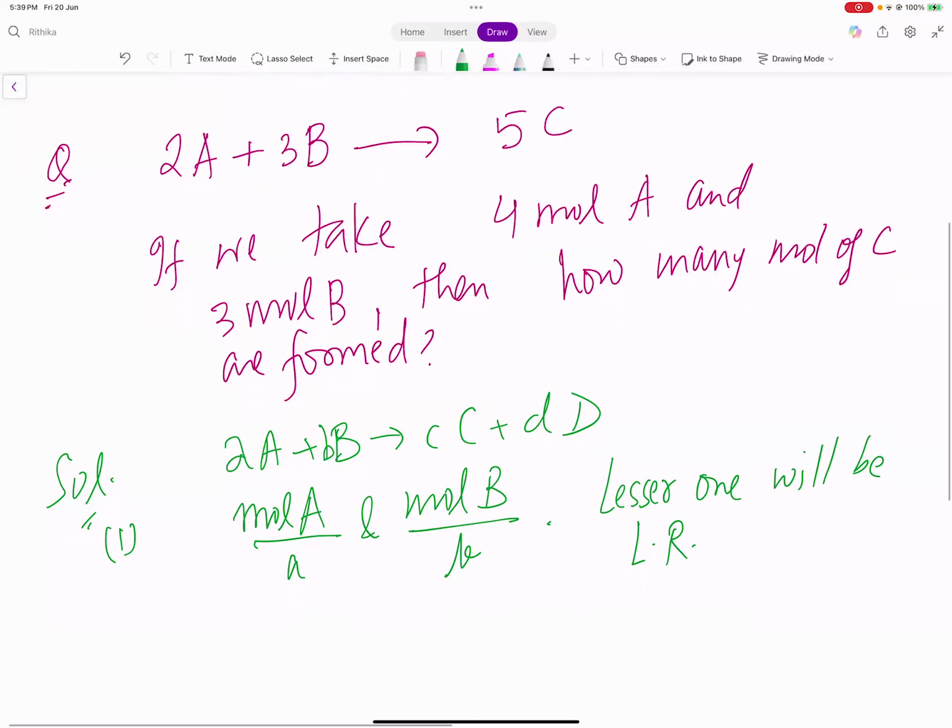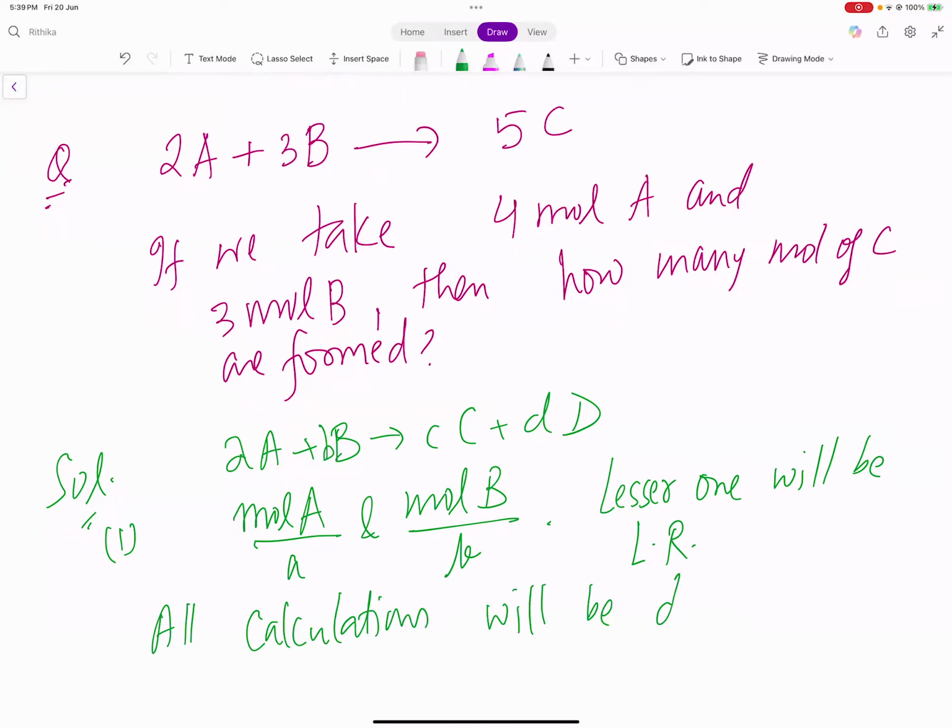All calculations will be done on the basis of the limiting reactant.